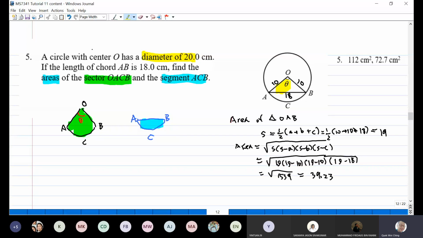Okay, area of triangle OAB. We use it later on because you need this area to find the area of the segment. Area of triangle OAB is actually the yellow portion.